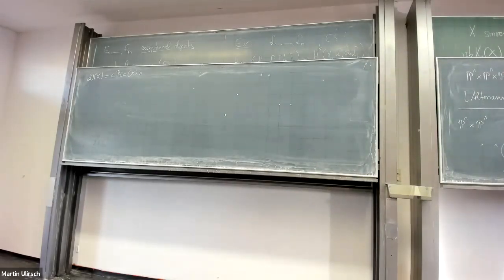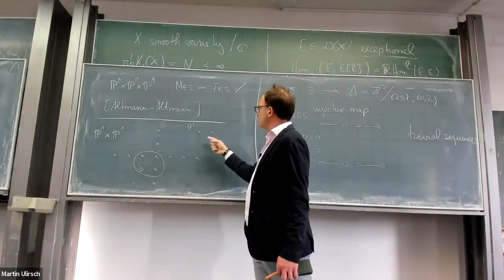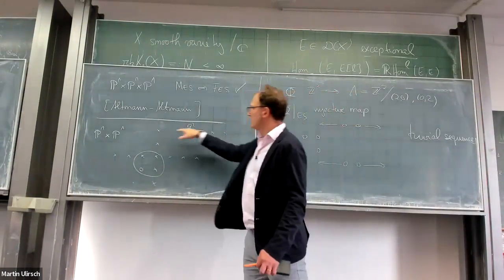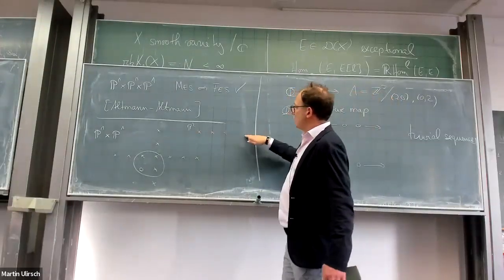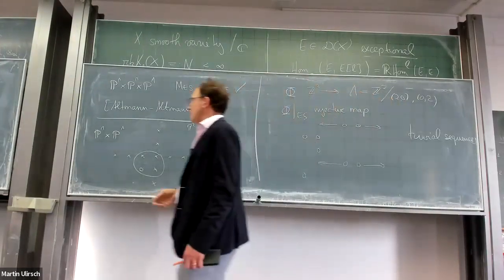It says that in the case of P1 or more generally Pn, say on P2, if I have a sequence of 3 consecutive points, this generates the entire derived category. We can translate it in such a way that if I have 3 consecutive points, I can in particular generate the entire line. So whenever I have this, I can generate the entire line, and for the projective space, that's it.